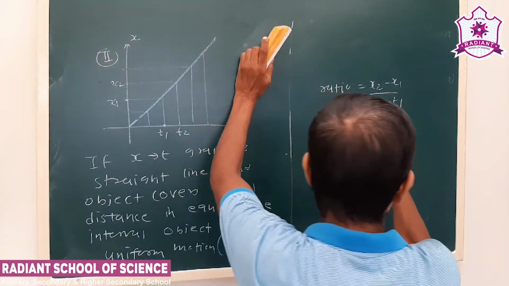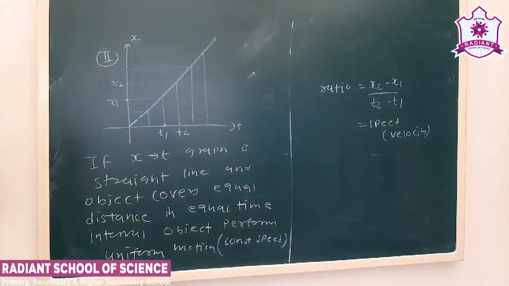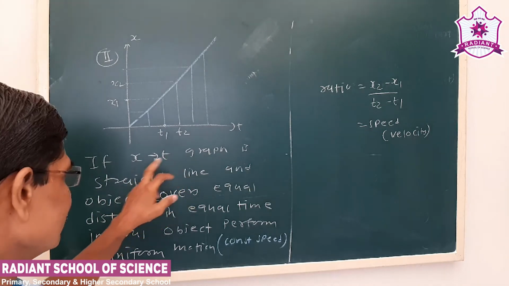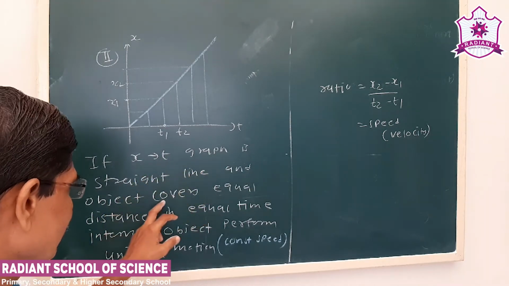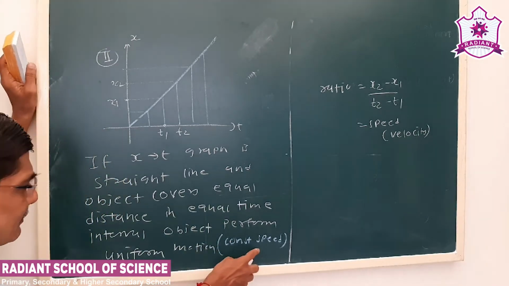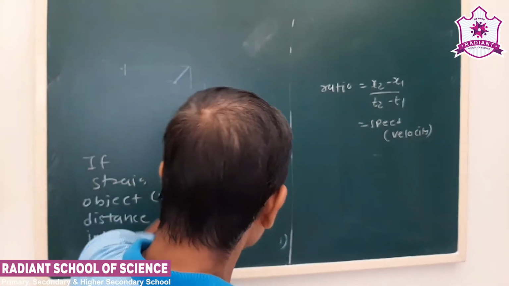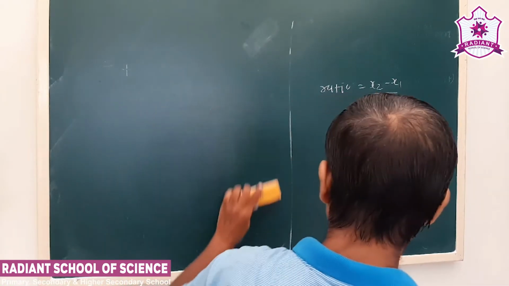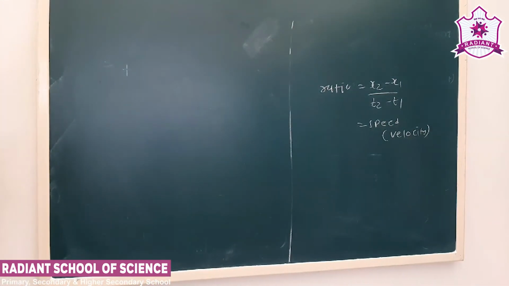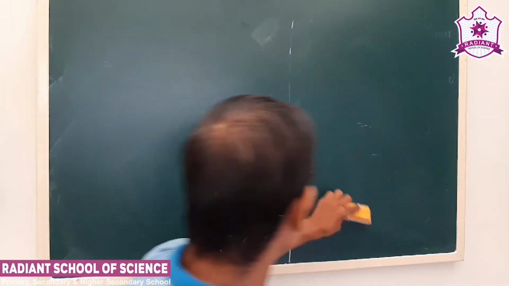If it is a displacement versus time graph, sorry, we get velocity. So this is the second graph for x versus t. If the x versus t graph is a straight line and the object covers equal distance in equal time intervals, then if it is constant velocity, there will be displacement. That we have to keep in mind. Now this is about uniform motion and the ratio (x2 minus x1) upon the change in time interval gives the value of the speed or velocity.